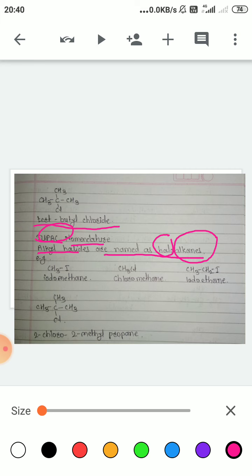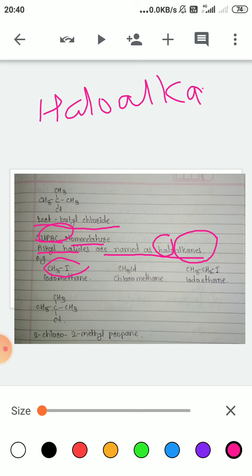But now we are going to see only the monohalogen derivatives. Above we have seen the common name of CH3I is methyl iodide, but for IUPAC nomenclature, alkyl halides are considered as haloalkanes.